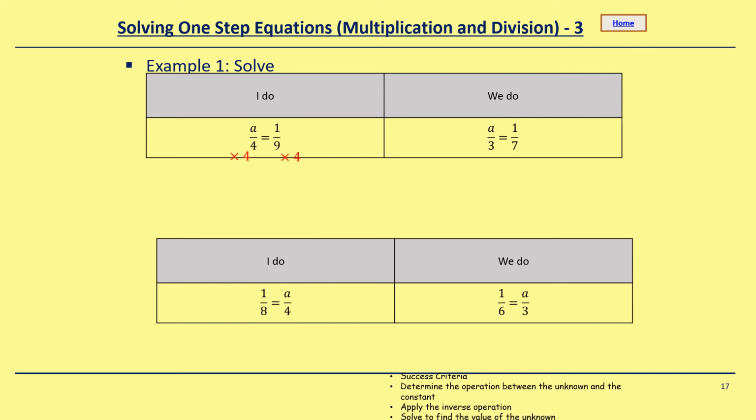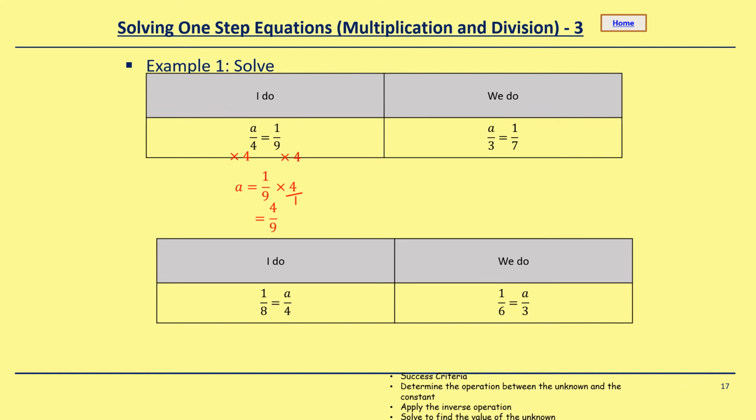So we're going to multiply both sides of this equation by 4. So that means that A equals 1 over 9 times 4. And remember, to multiply a fraction by a whole number, we pretend it's 4 over 1. So it's 1 times 4 all over 9 times 1, which is 4 over 9.